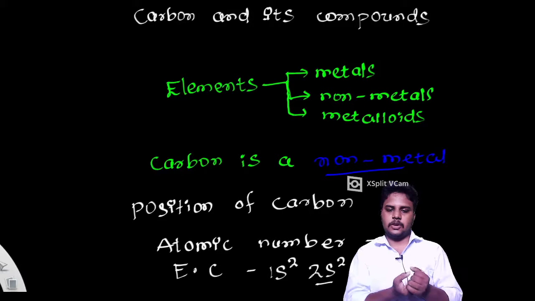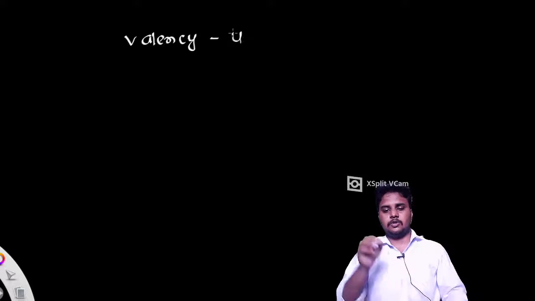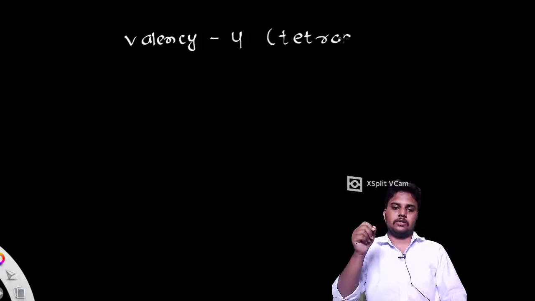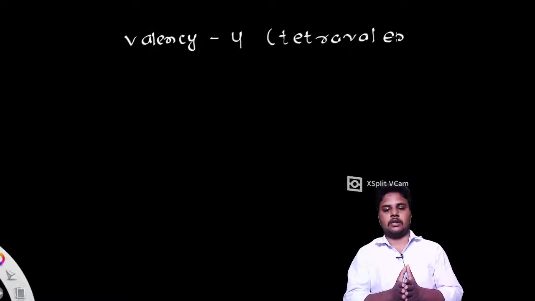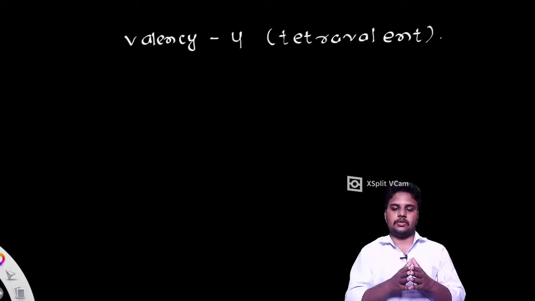In the second shell you have 2 electrons in the s subshell and 4 electrons in the p subshell. So we understood that in the second shell you have 4 electrons in the p subshell. The second p shell means the 13th or 14th group; it is the 14th group, and you need to see the second period. So that is the position of carbon.